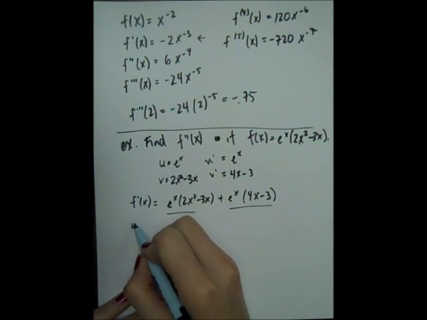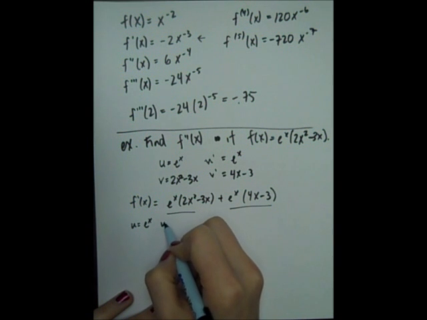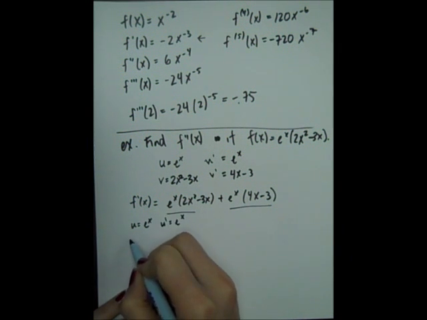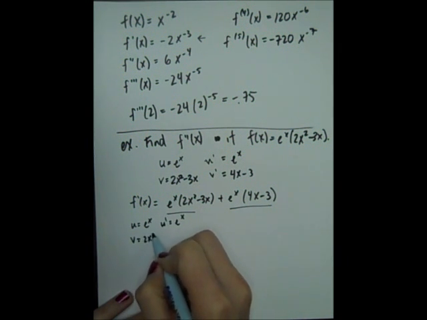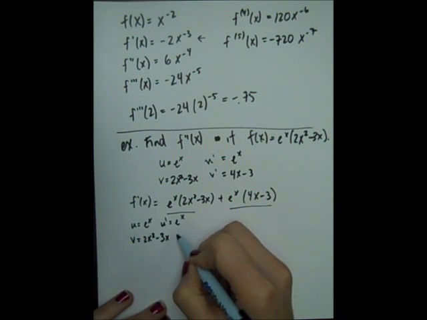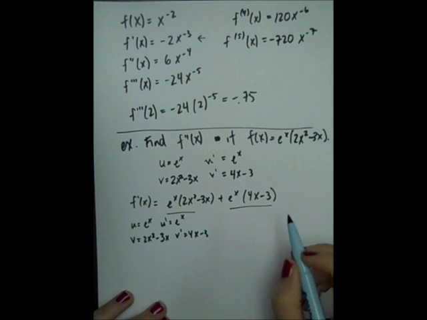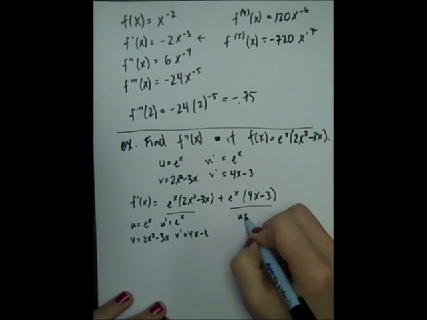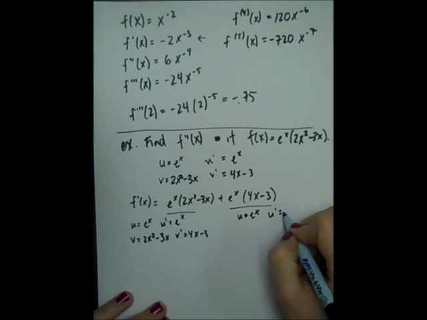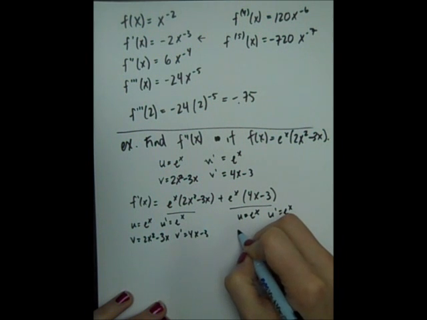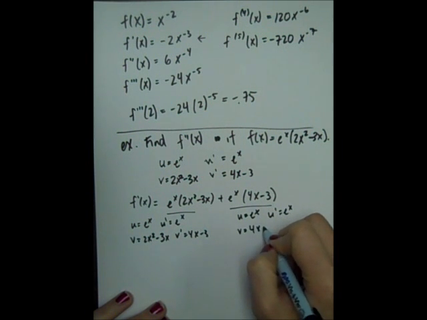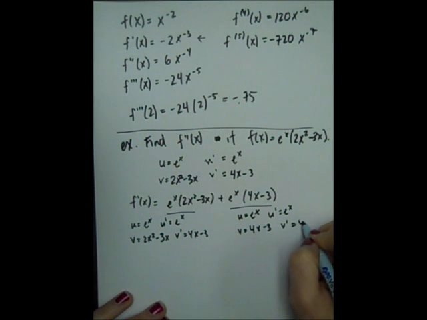So let's go ahead and let my u be e to the x, my u prime be e to the x over here. My v was 2x squared minus 3x, and my v prime was 4x minus 3. Now for the second product, I'll let my u be e to the x, and again my u prime be e to the x. Then I'll let my v be 4x minus 3, and my v prime be 4.